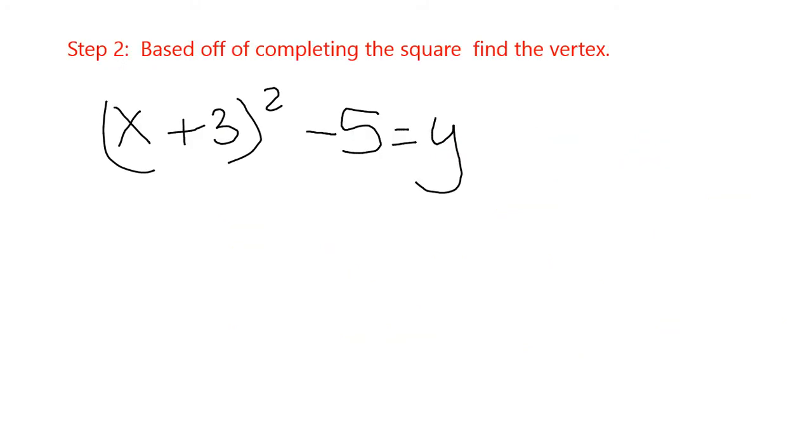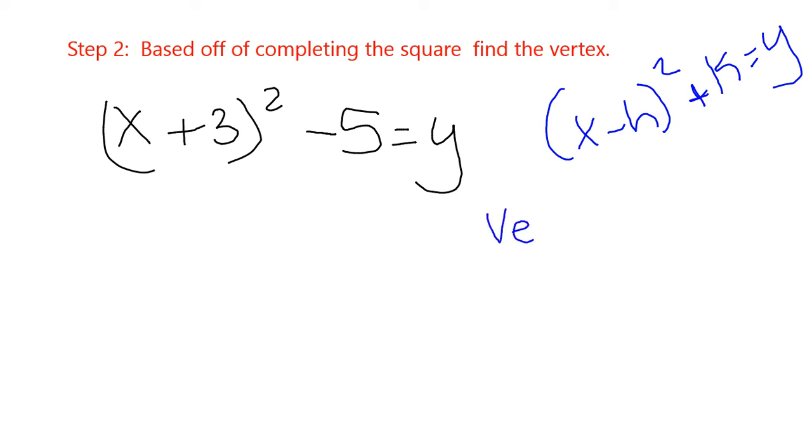The problem that we just finished completing the square on gave us the answer of x plus 3 quantity squared minus 5 equals y. A reminder that the standard vertex form is the quantity x minus h quantity squared plus k equals y. To find the vertex, we're going to do h, k as a coordinate pair.